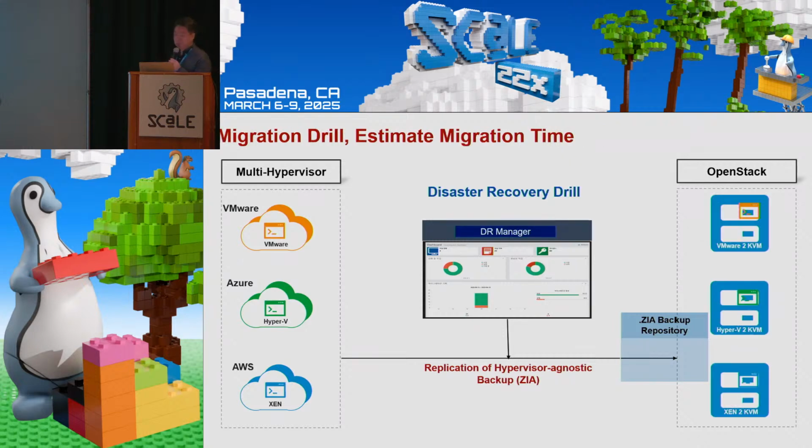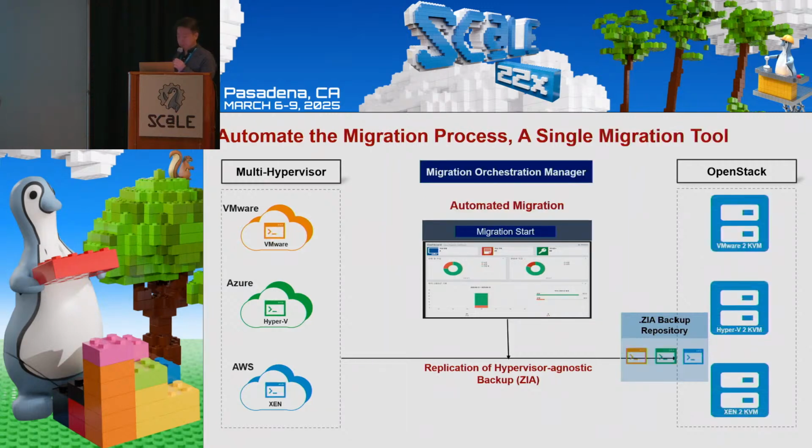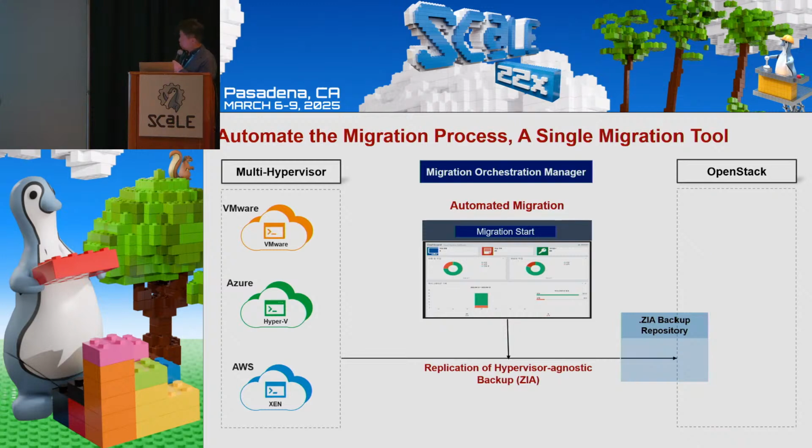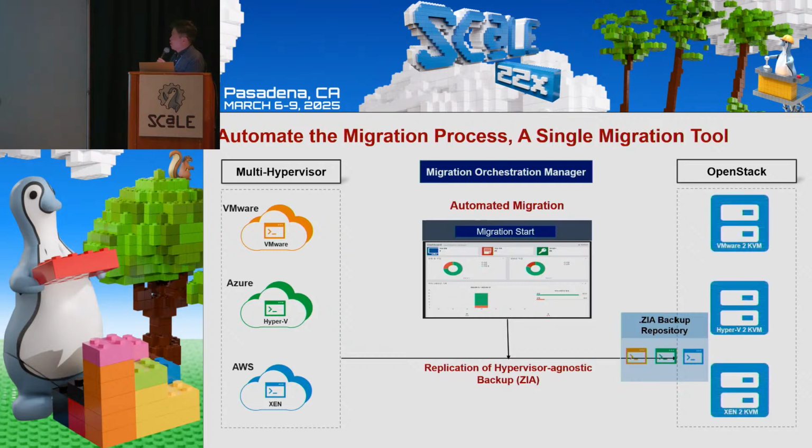Now let me summarize the OpenStack Z project and capability. The first capability is to protect the virtual machine during the migration. A second capability is migration drill.